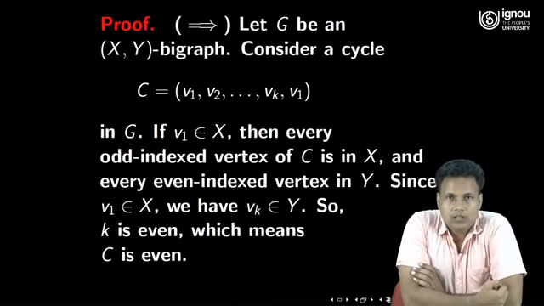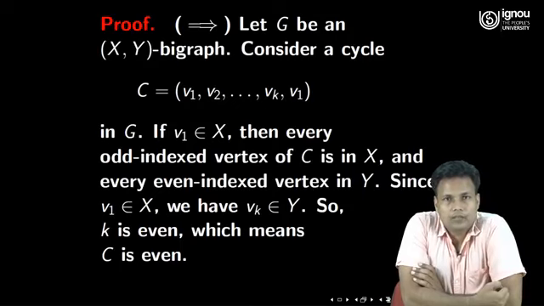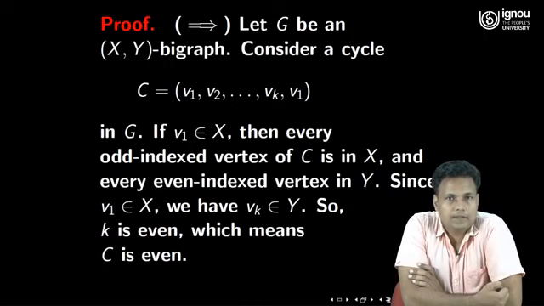Okay, so let G be an XY-bigraph, and now consider a cycle C equal to V1, V2 up to Vk, V1 in G. So this cycle has length k. There are k vertices, and you know that any cycle on k vertices has length k.